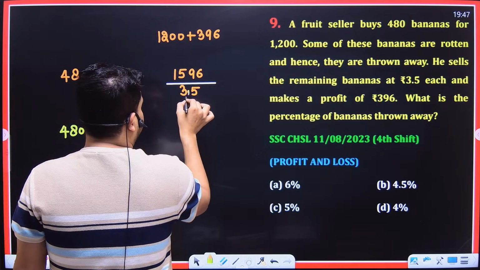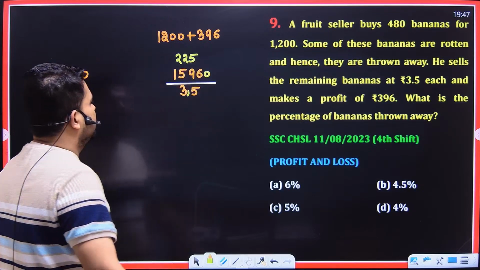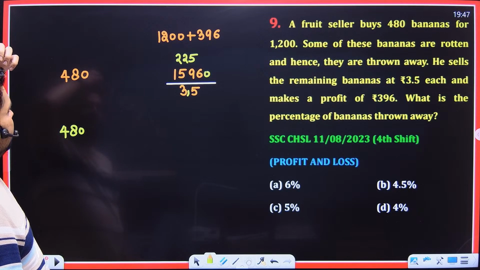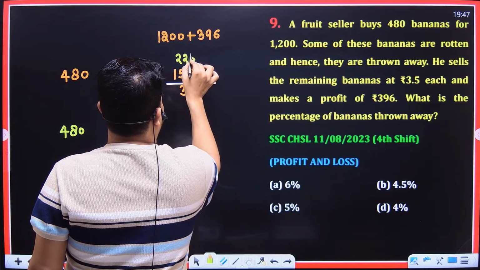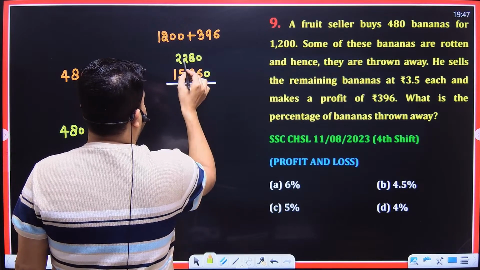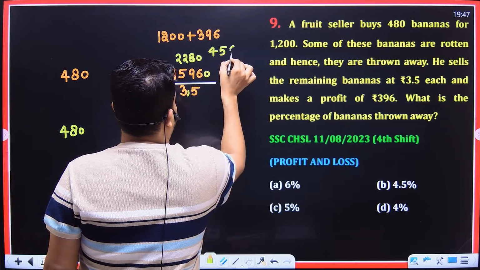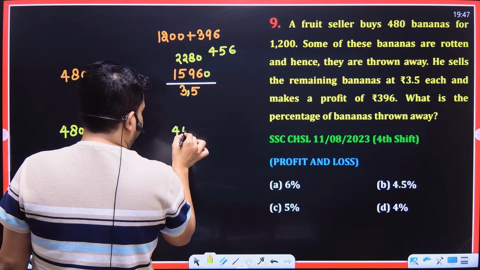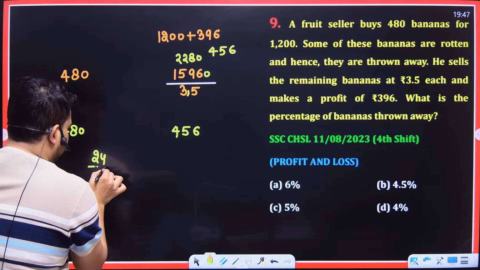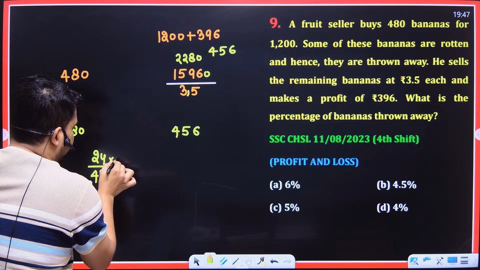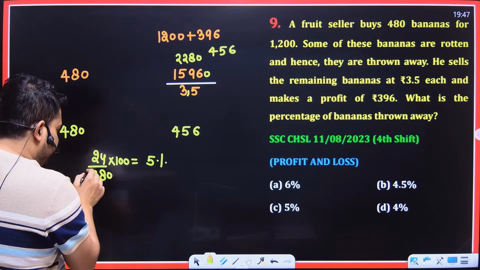Now if I solve this one, I get 456. Now I sold 456, so I have thrown away 24 bananas out of 480, into 100. 24 into 2 is 48, we have 20 in the denominator.